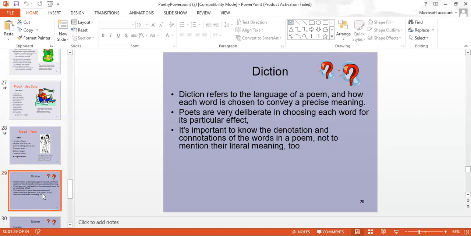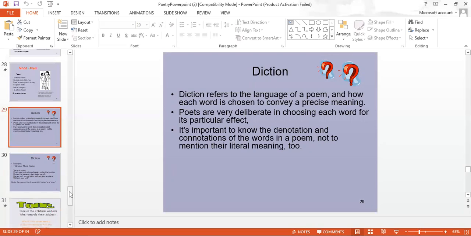It's important to know the denotations and connotations of the words in a poem, not to mention their literal meaning too. It's something very important that can help you when you want to understand the poem.